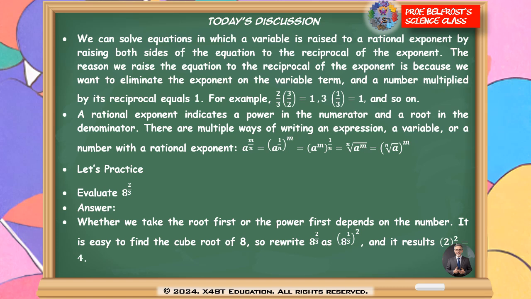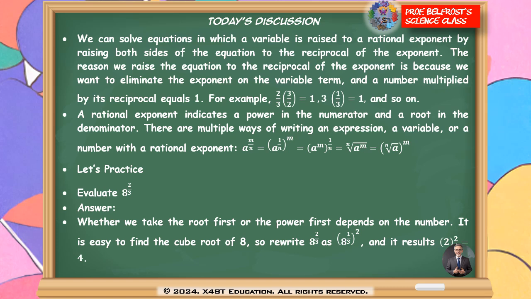So there is a formula that I need to remind you. a raised to the power of m/n is actually the same thing as a raised to the power of the reciprocal of n, and together raised once again to the power of m. It is also the same thing as a raised to the power of m, then raised to the power of the reciprocal of n.